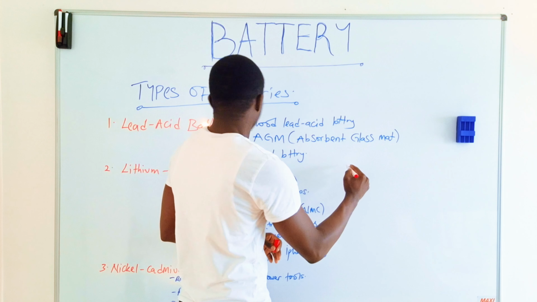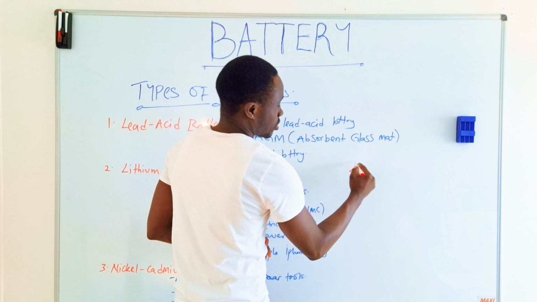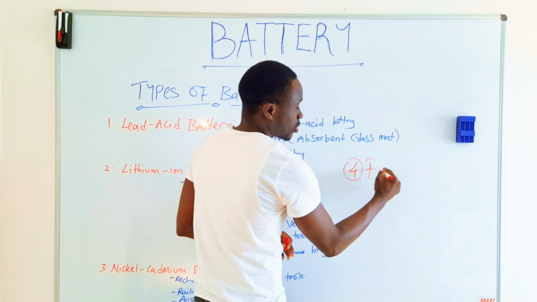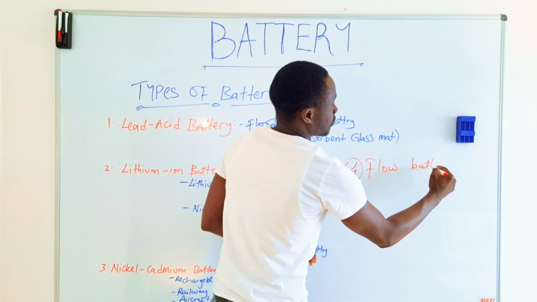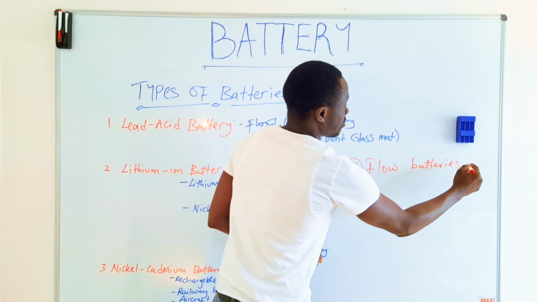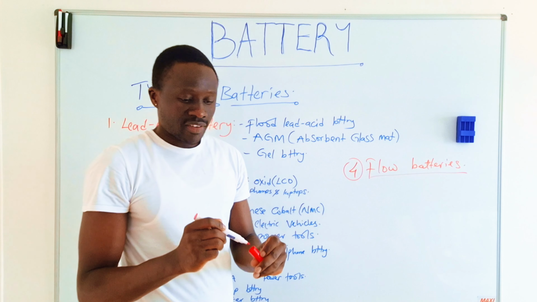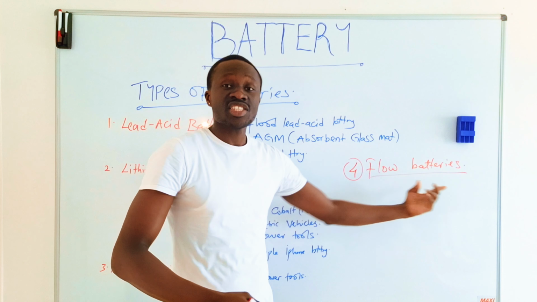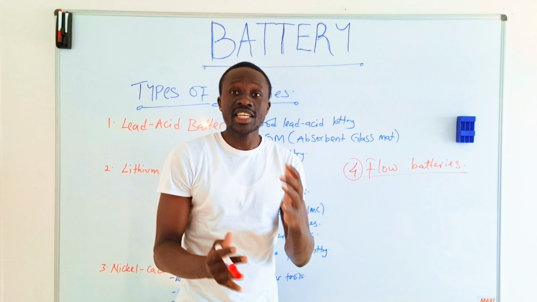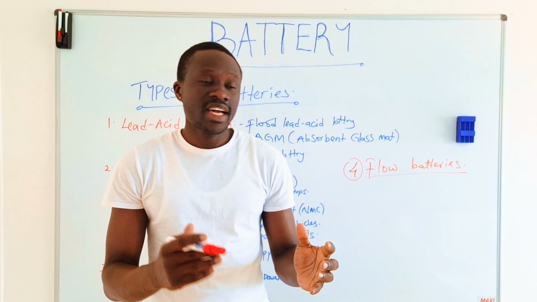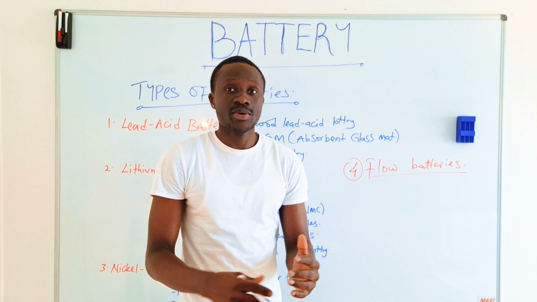This, let us call it the fourth type, we call it flow. The flow battery. The flow type of batteries are normally industrial. Okay, they are industrial, they are flow, they are liquid. Their material is liquid.